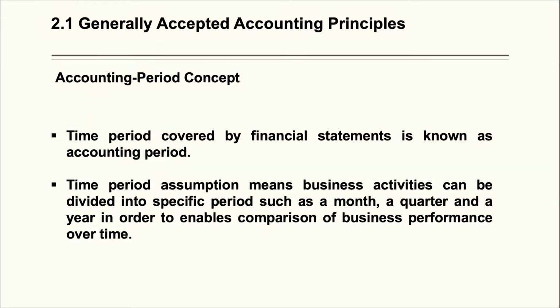So now we look at the next concept, the accounting period concept. The time period covered by a financial statement is known as the accounting period. So the time period assumption means business activity can be divided into specific periods such as month, quarter and a year in order to enable comparison of business performance over time.